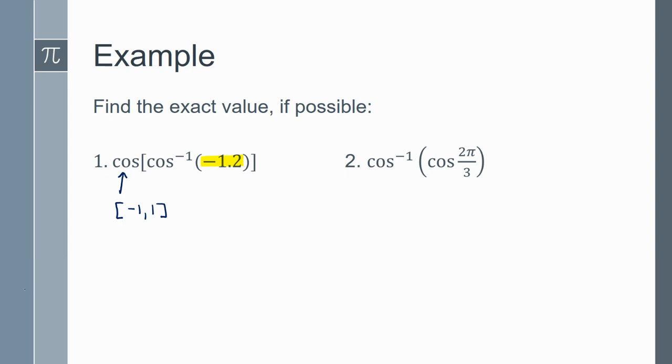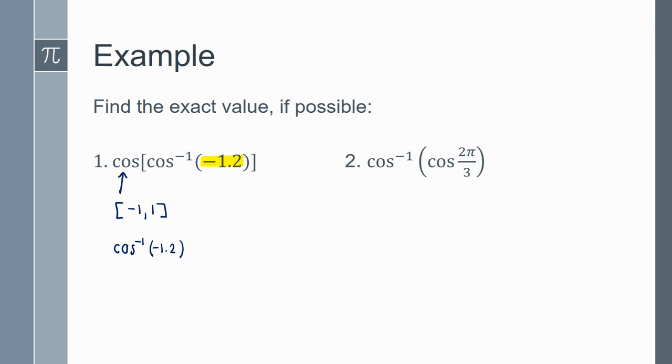Okay, it's smaller than -1. So just like the last problem we just did, when it's not within the interval, we have to do a little bit of extra work. So now I want to focus on what is inside of the parentheses here, which is the inverse cosine of -1.2. Okay, so I want to figure out what that is.